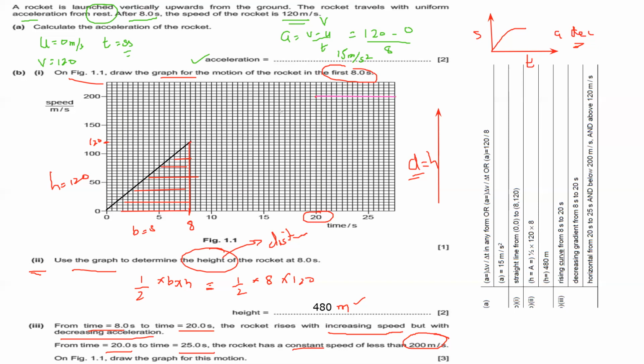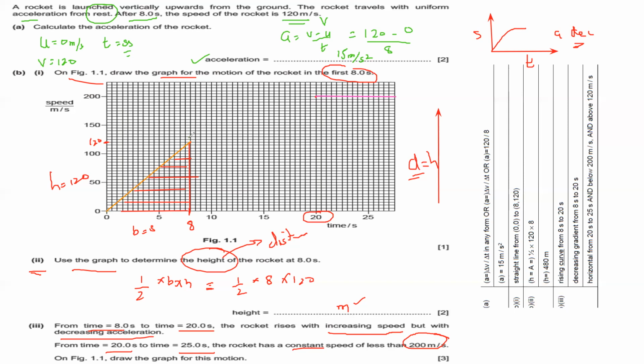So what about this section? How will I complete this section? In this section, I have to show that acceleration is decreasing. And how can I show that? First it was a constant gradient here, and then there is a decrease in acceleration.